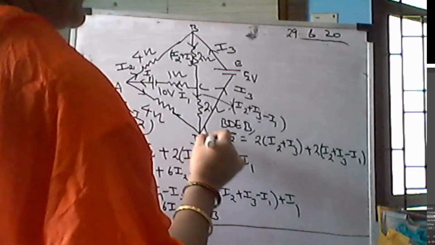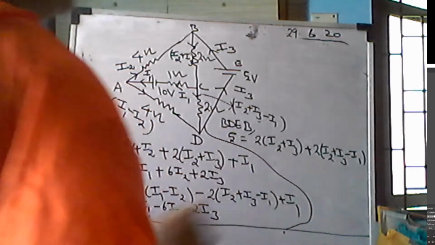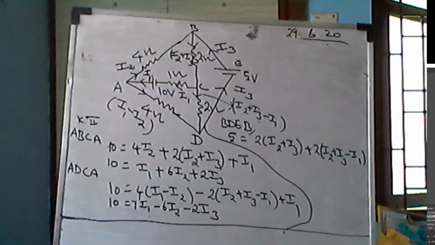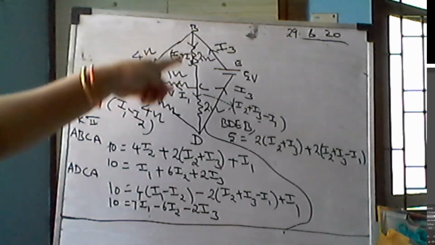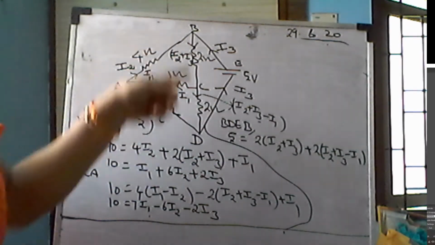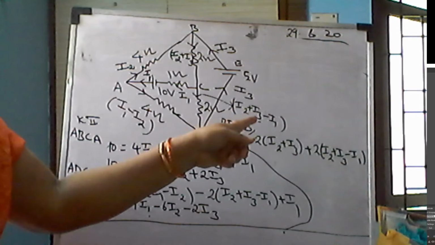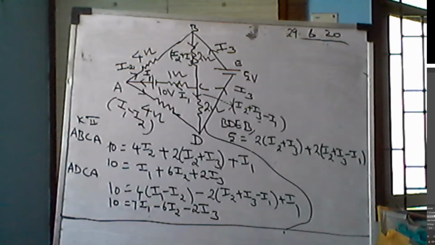This is another equation. So another equation you are getting as 2(I2 plus I3) plus 2(I2 plus I3 minus I1).